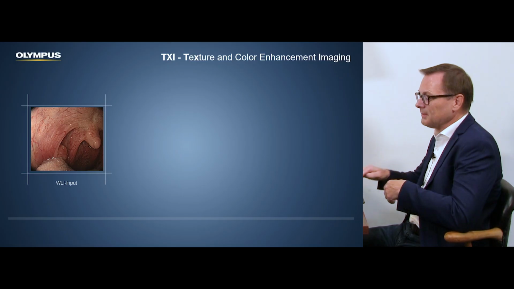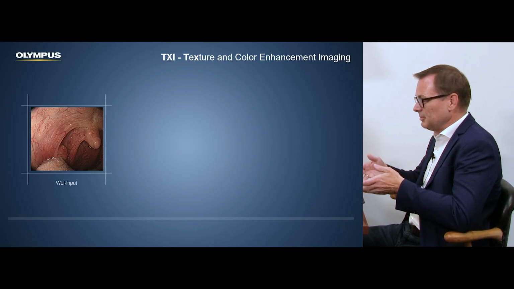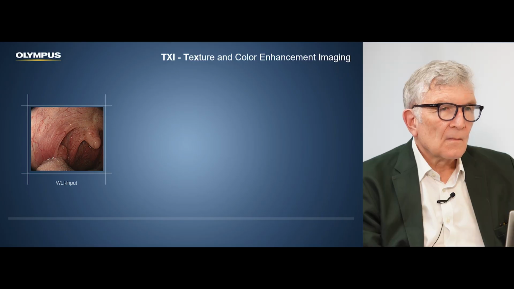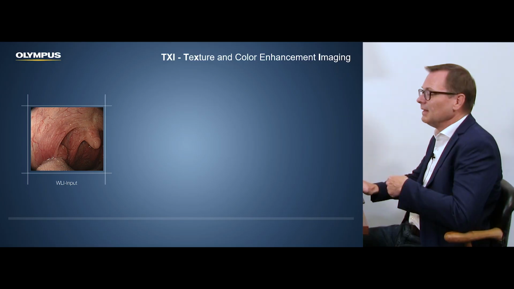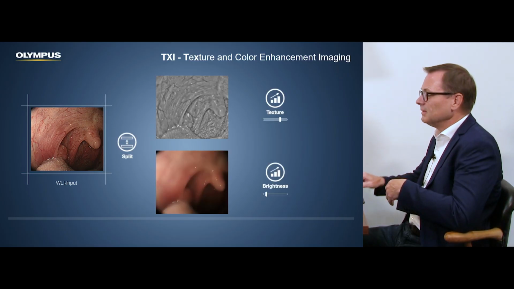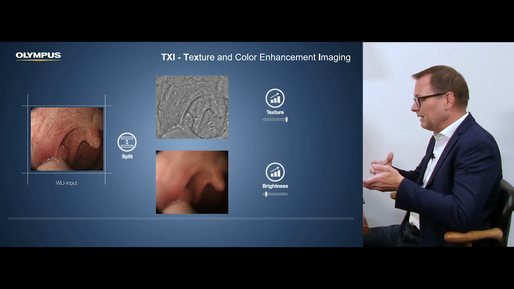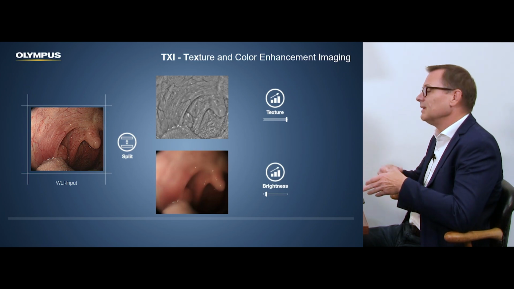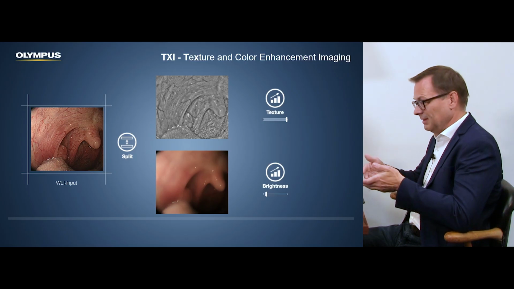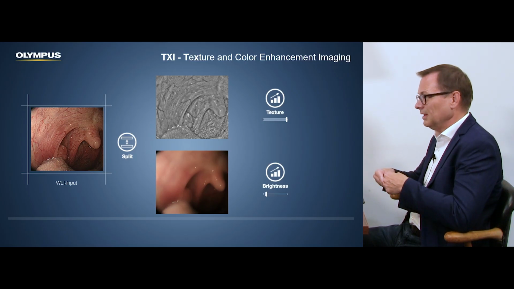How does it work? You take a normal white light image, and now we're talking again about computer algorithms working here. This is not optical. The image will be split into two. One element is the texture, and the other one is the brightness. And now, once that is done, you can adjust the texture and optimize it.